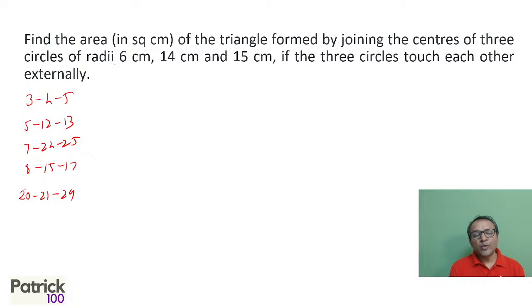Even if you don't know 20, 21, 29, when you draw, you can make out and check whether it's a right angle triangle. The way to find the area is by knowing it's a right angle triangle.